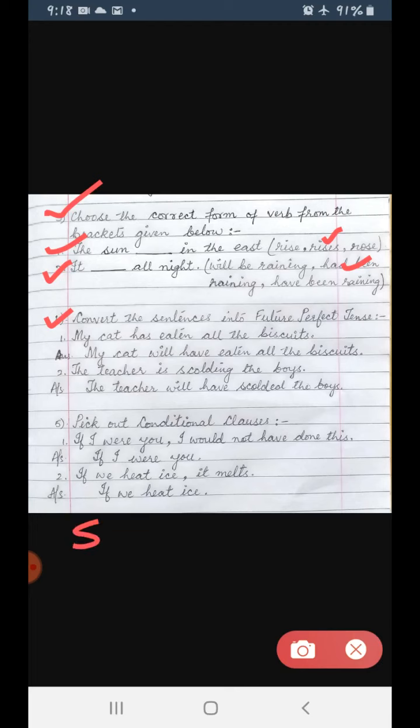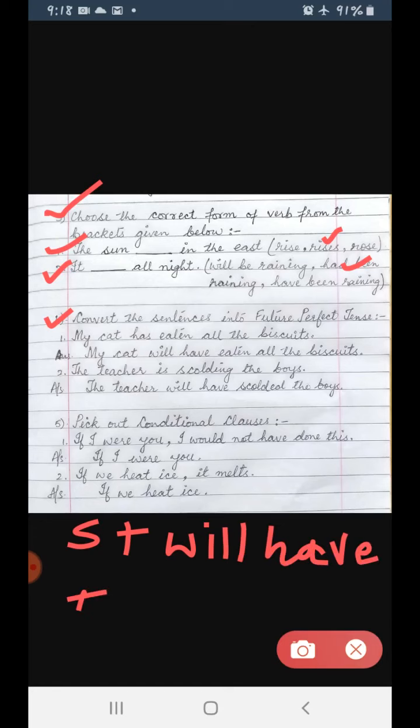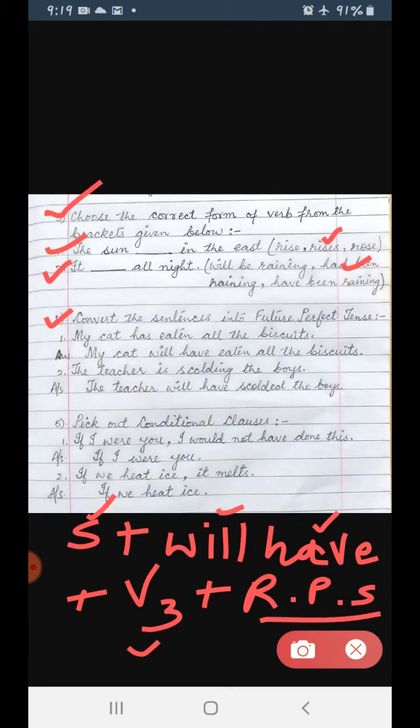It is subject plus will have, and then plus third form of verb, and then remaining part of the sentence. That means subject and then will have and then third form of verb. Okay, and then remaining part of the sentence.